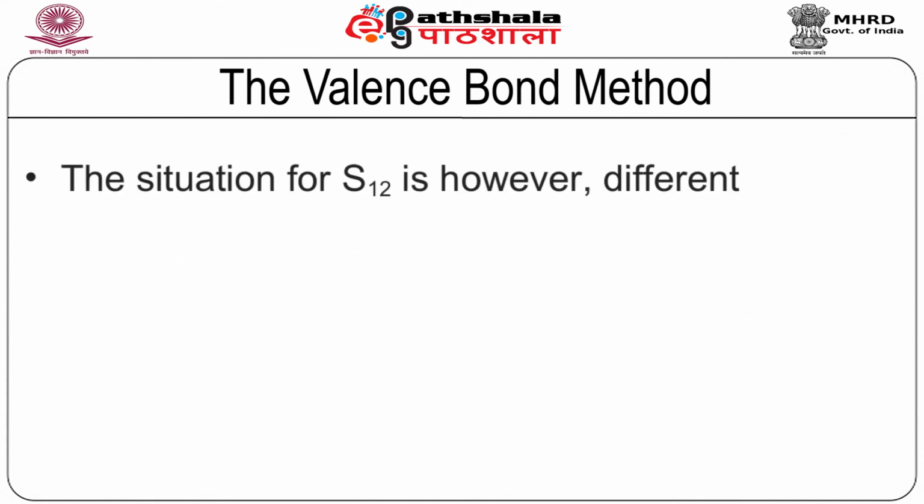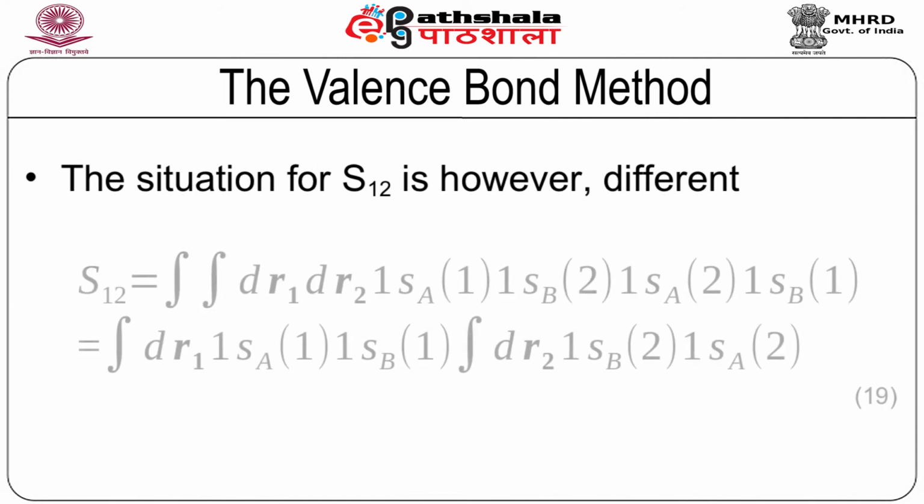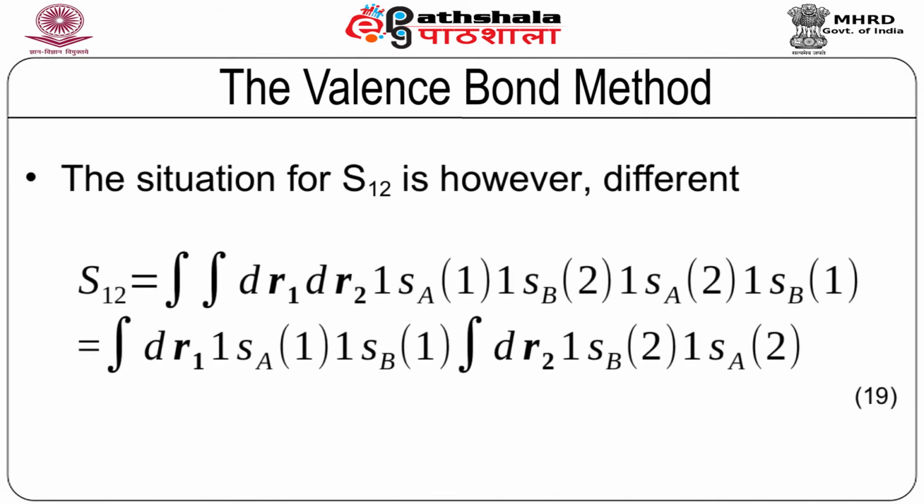The situation for S12 is however different. S12 is integral dr1 dr2 1sa1 1sb2 1sa2 1sb1, that is equal to integral dr1 1sa1 1sb1 integral dr2 1sb2 1sa2.